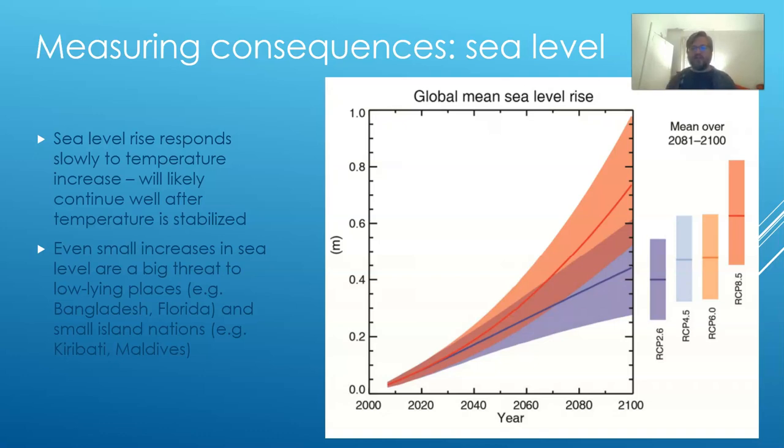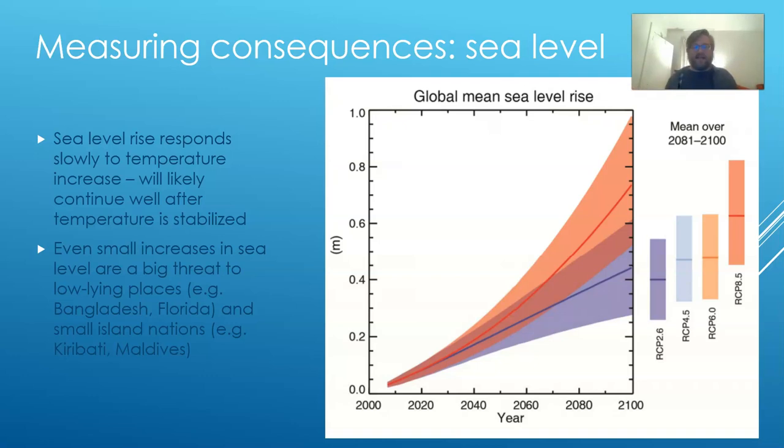The chart there shows projected sea level rise in a couple different scenarios for climate change. So the bluer line is a scenario of less warming. The red line is a scenario of more warming. And you may look at that chart and say, okay, they're projecting even the worst case scenario by 2100, something a little under a meter of sea level rise.